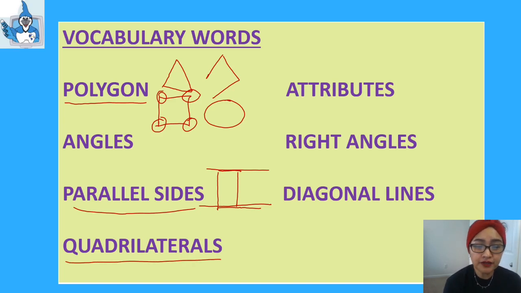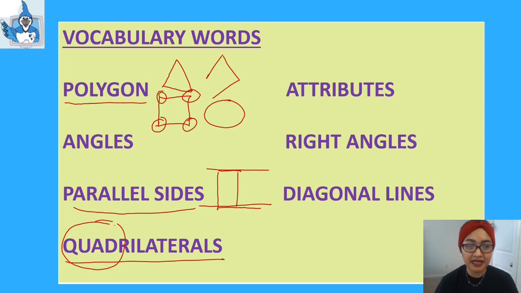Okay, so quadrilaterals, from this prefix quad meaning 4. That means quadrilaterals are polygons with 4 sides. Okay? And then attributes. These are characteristics. Okay, when you describe a polygon, you describe its characteristics.